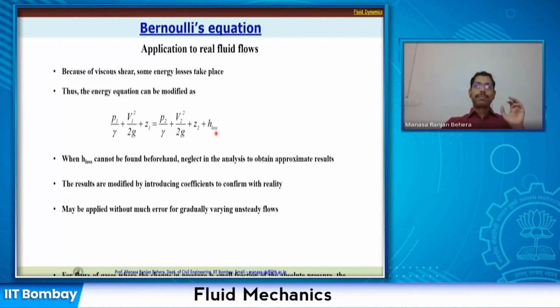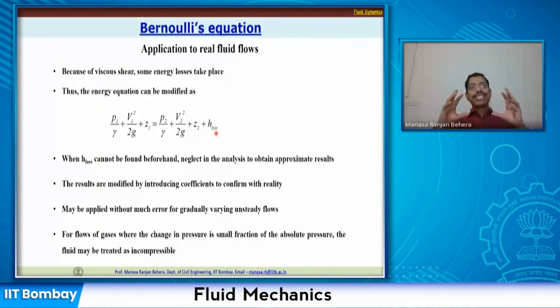Now for flows of gases where the change in pressure is a small fraction of the absolute pressure, the fluid may be treated as incompressible. So we said that Bernoulli's equation is applicable for incompressible flows. That's why gas is compressible.